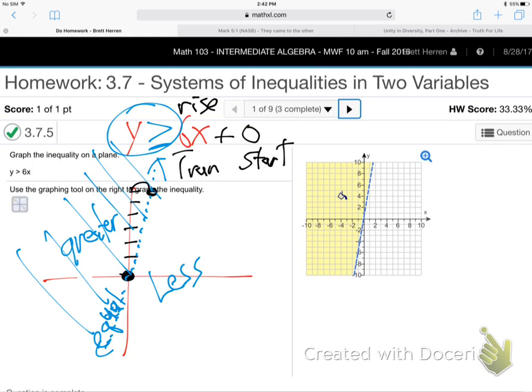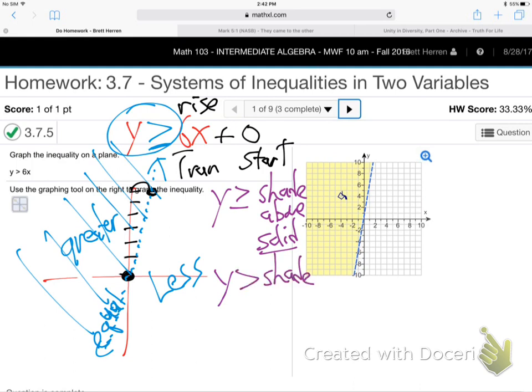So let me just write out what I just said. Y greater than or equal to is shade above, solid line. Y just greater is shade above, dotted line, because there's no equals.